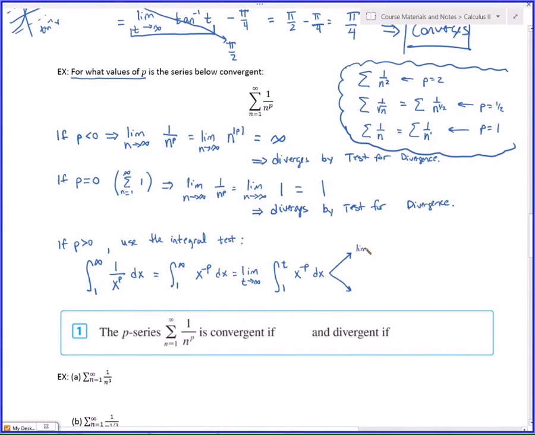So I'd get the limit t goes to infinity of x to the minus p plus 1 over minus p plus 1. Sorry, I'm going to run out of space here. We might have to move to the back here. But still, that's from 1 up to t. That's a plus right there.